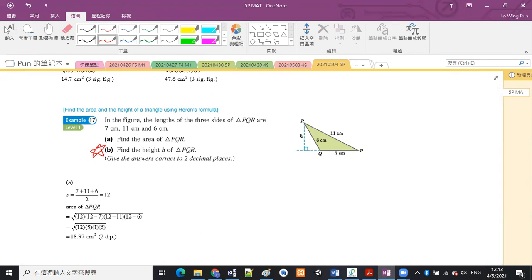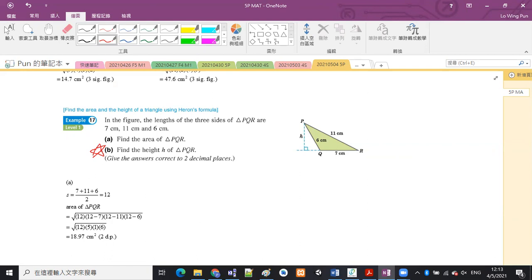If I use this to be the height of the triangle, which side of the triangle is considered as the base? Because the height must be perpendicular to the base, right? This line is perpendicular to this line, right? And then the base should be QR.